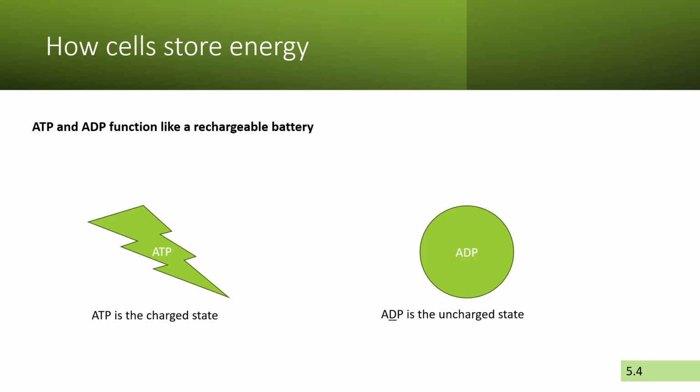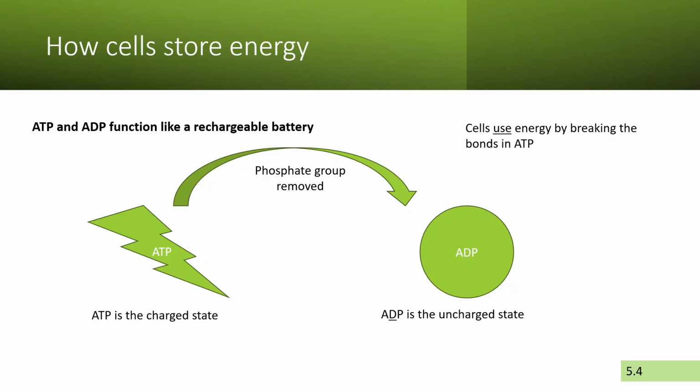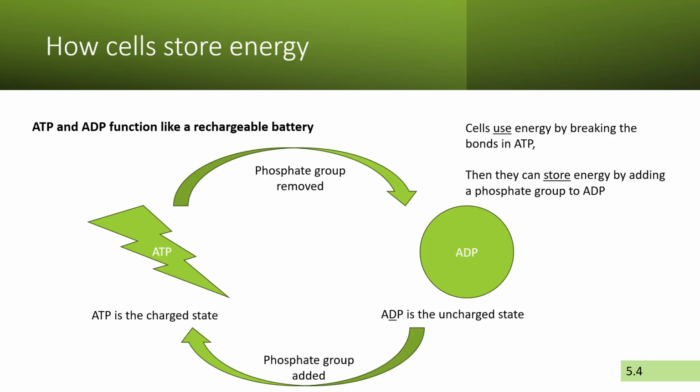ATP is the charged state, and ADP is the uncharged state. When cells need energy to do work, they can break the bond between phosphate groups in ATP, releasing that potential energy. Then we have ADP, an uncharged battery. The cell can then store energy by adding a phosphate group back to ADP, forming ATP.